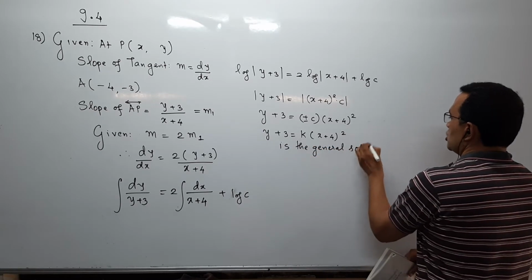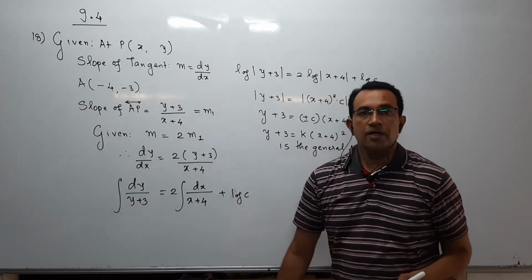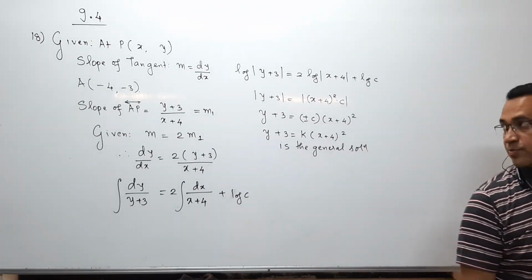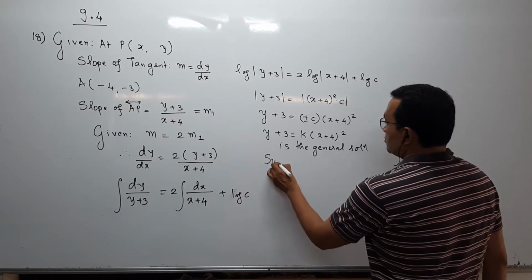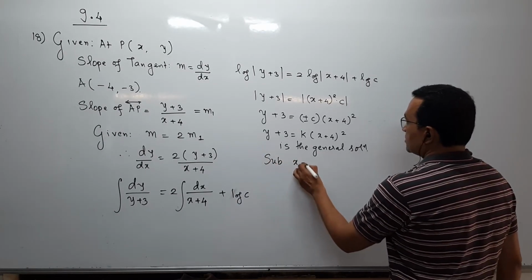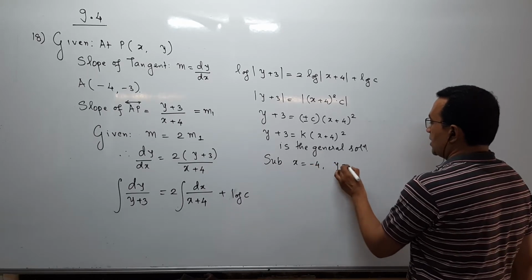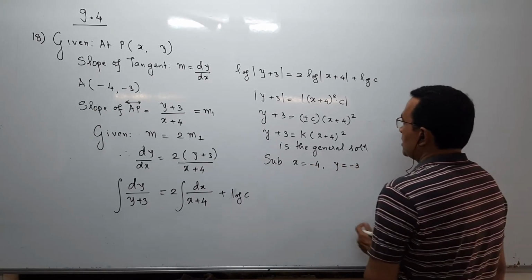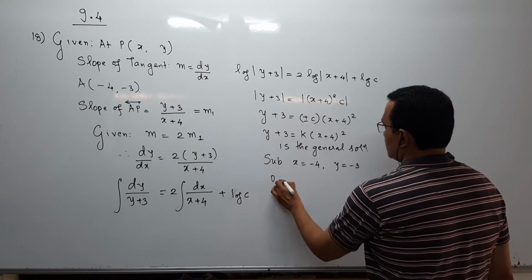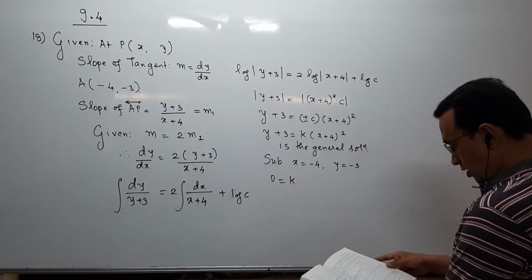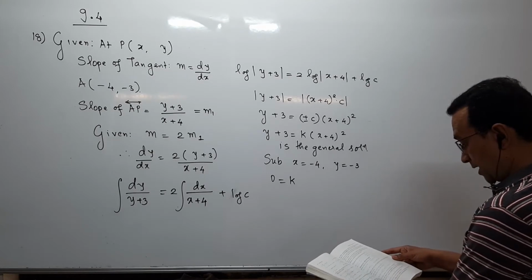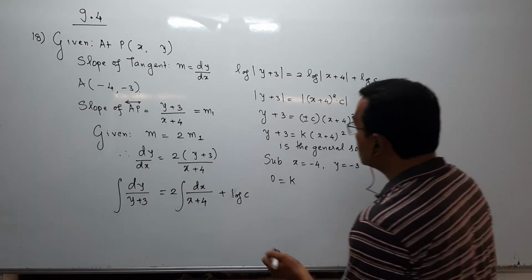Now students, the curve is passing through point A. Substituting x is equal to minus 4, y is equal to minus 3. Sorry, the curve is passing through another point that is given.